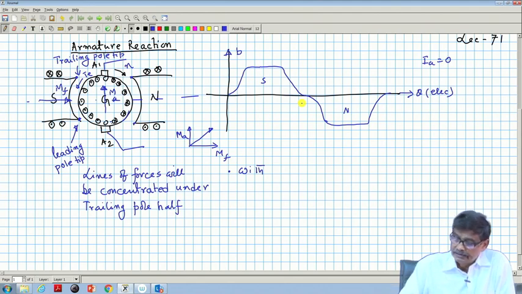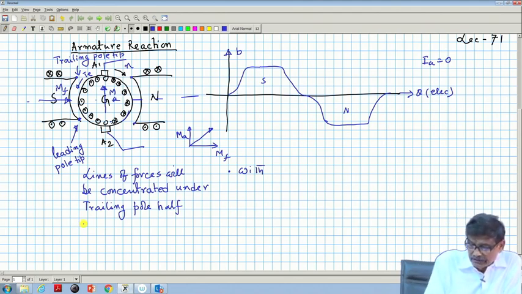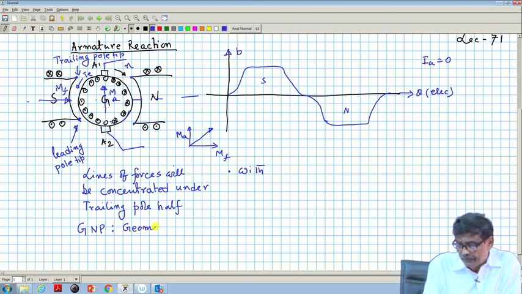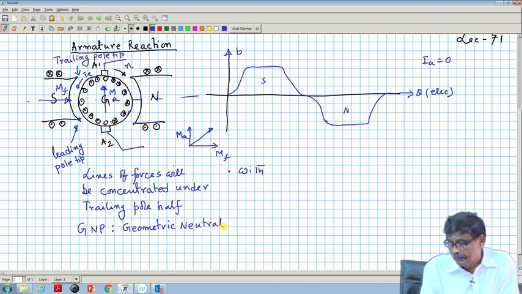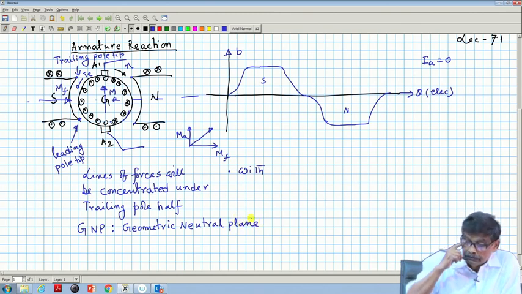Then there are two terms used, one is called GNP, the geometric neutral plane.